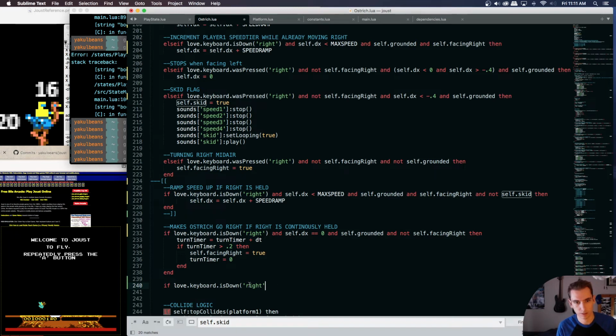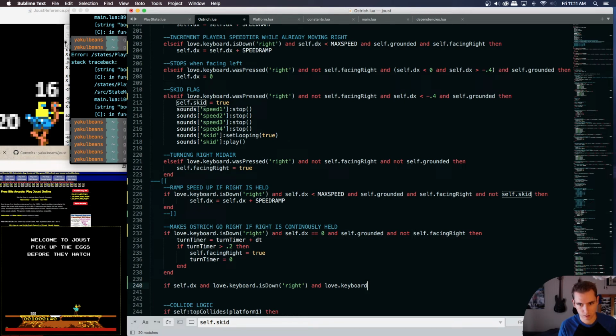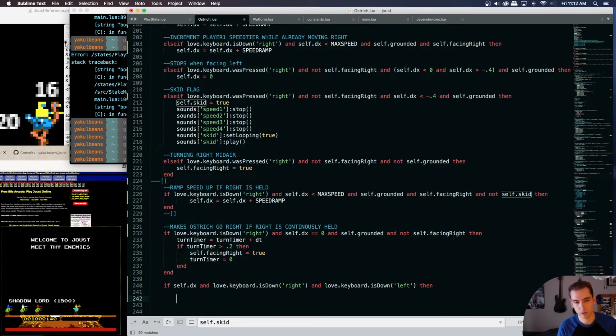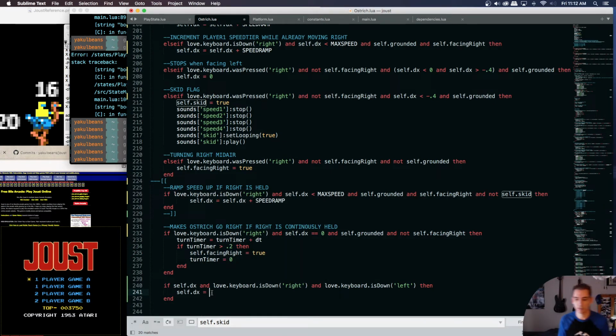Okay, so I think I want to say if our dx is positive and both of these are held, then we want to just, oh shoot, well, that might work, because I'm saying if self dx is positive, then in here self dx gets times -1, so that it'll negativify it if it's positive, and positify it if it's negative.